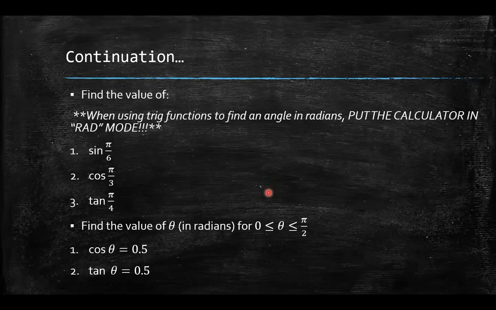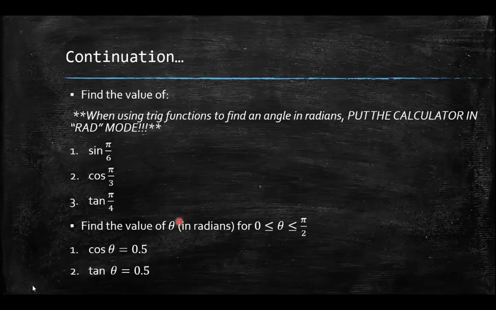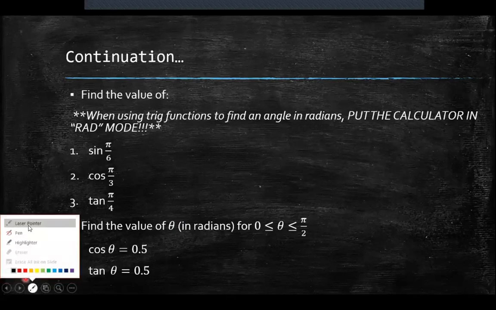Micaiah, do you know? Miss, I said yes, but my calculator is not resetting. I don't know what happened to it. Does your calculator have the little button? Yeah, that's what I'm trying to press, but it keeps going back to degrees.